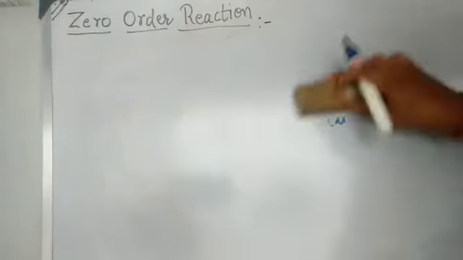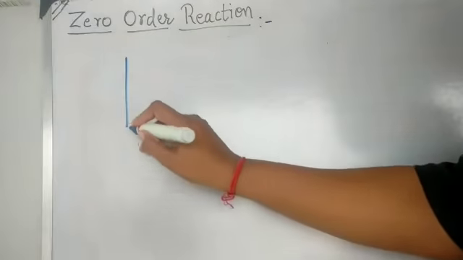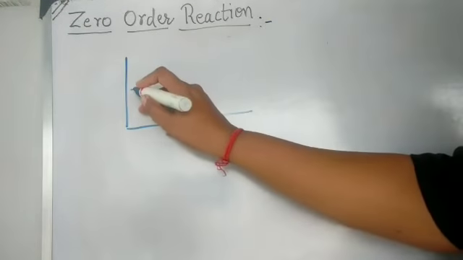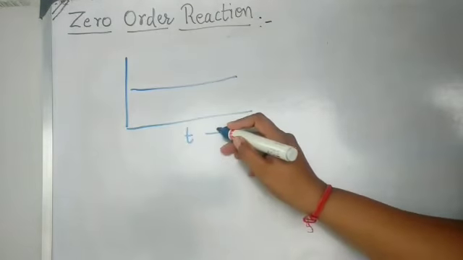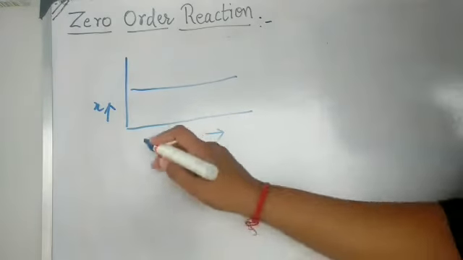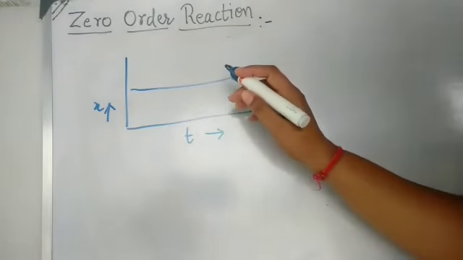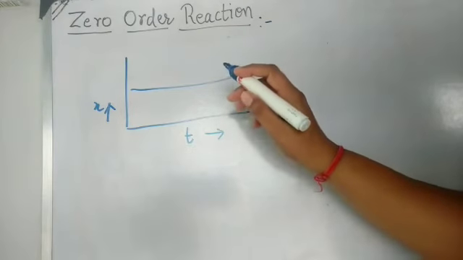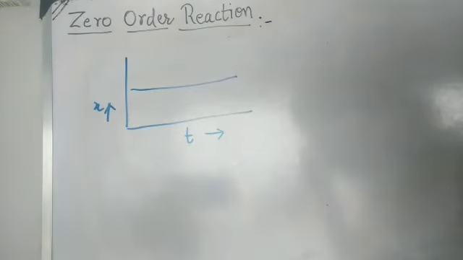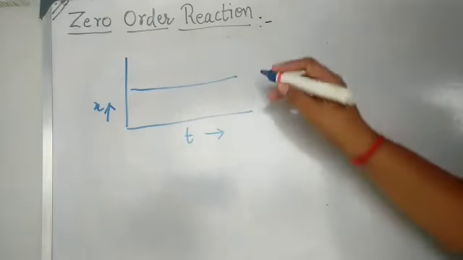Now I am telling you some features, some characteristics of the zero order reaction. If you see the graph between concentration and time, this is the concentration on y-axis, this is the time axis. So this will be the graph, showing that the rate of reaction is independent of the concentration of your reactants, right?